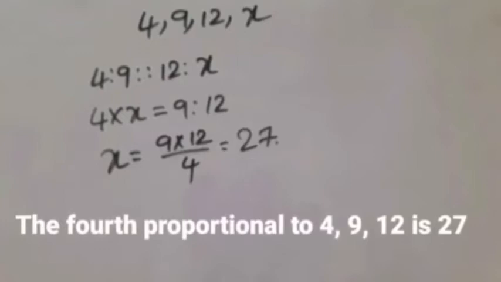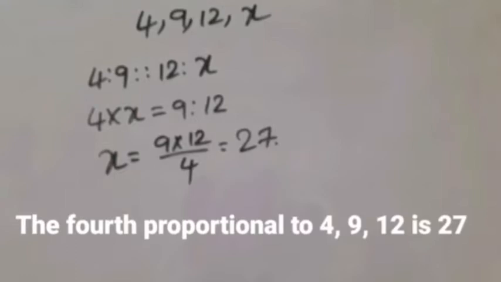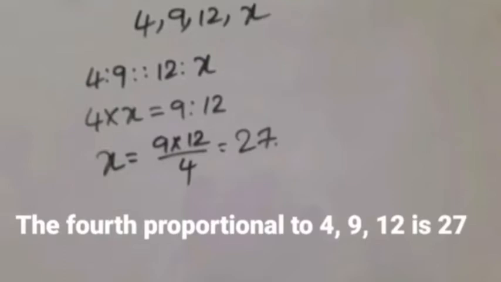The product of means is equal to the product of extremes. So the product of means is 9 into 12, and the product of extremes is 4 into x. So x is equal to 27. So the fourth proportional to 4, 9, 12 is 27. Hope you understand. Let's move to the next question.